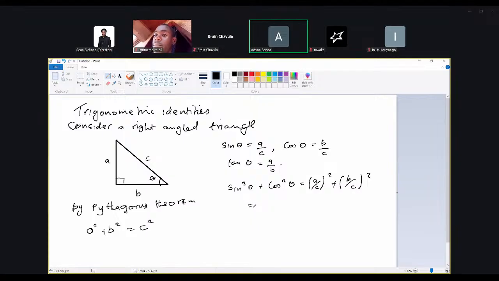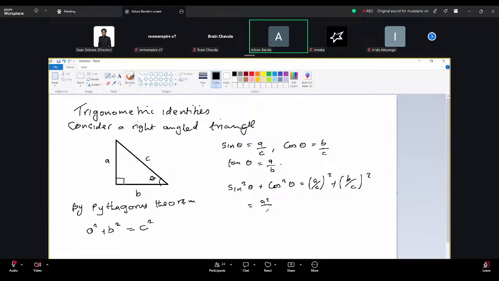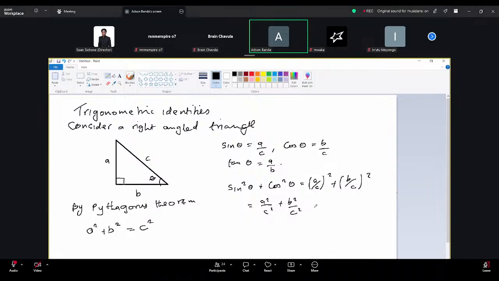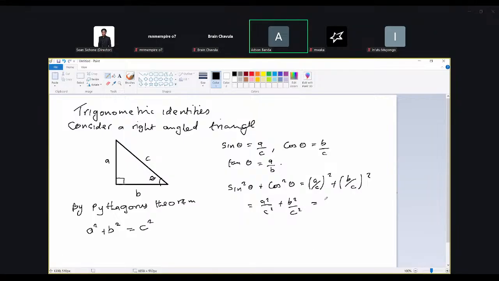Right, so this now gives us A squared over C squared plus B squared over C squared, which gives us A squared plus B squared over C squared. But what we know from Pythagoras theorem is that A squared plus B squared is C squared.